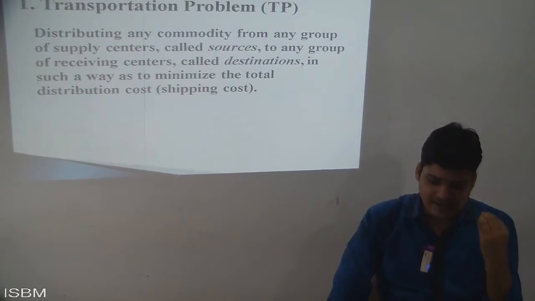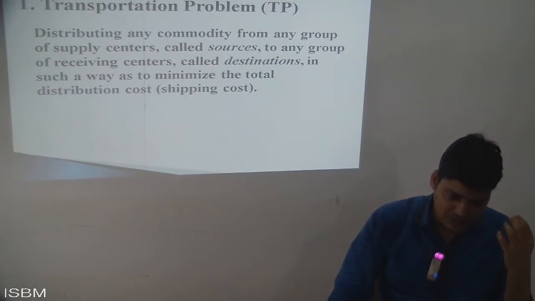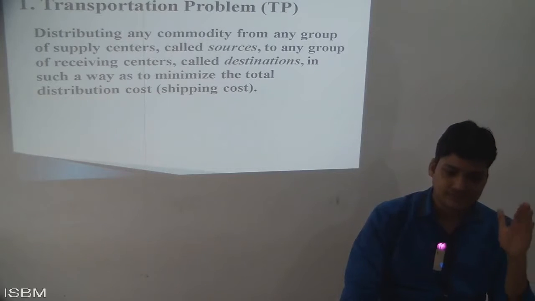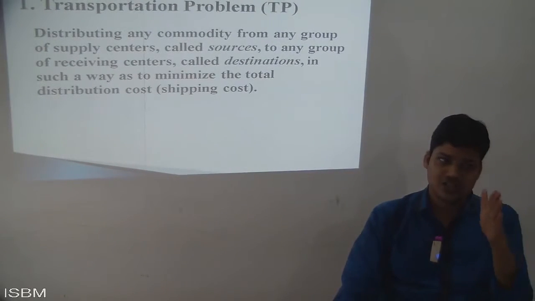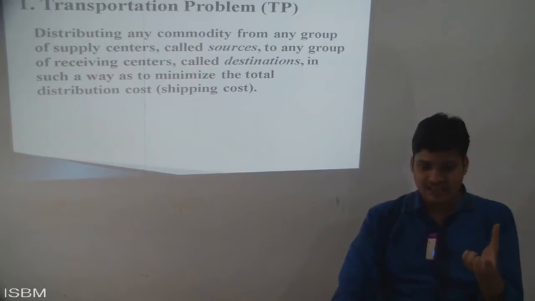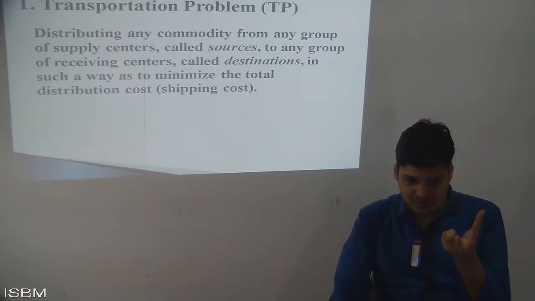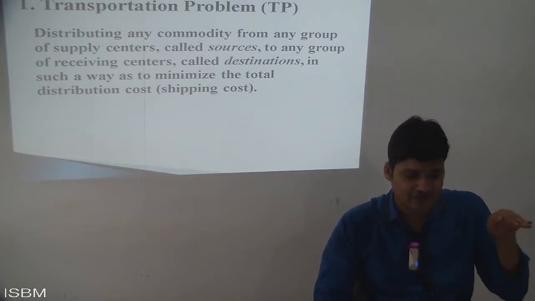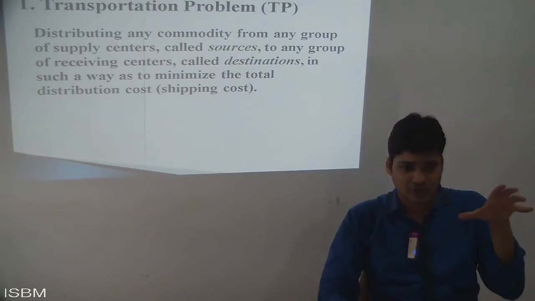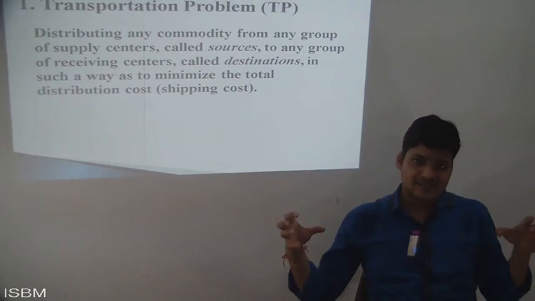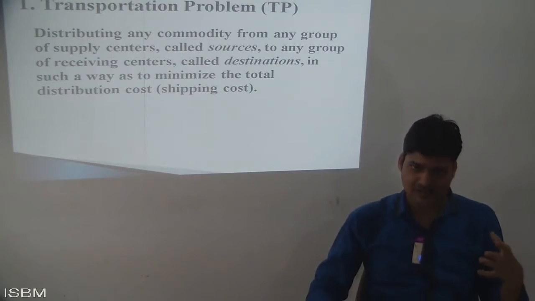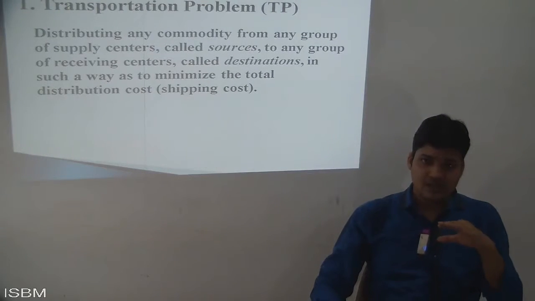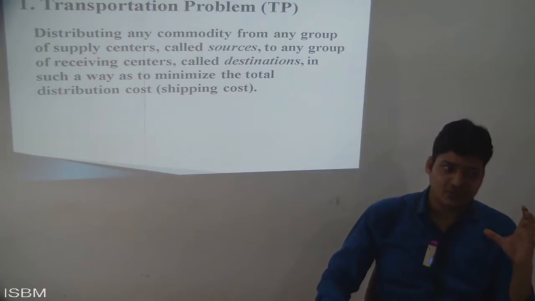The main criterion for using transportation is that we have to minimize the cost, the distribution cost or shipping cost. Shipping cost is the term I can use. That shipping cost we have to minimize while sending goods or commodity from one place to another place. There will be some charges for sending the commodity from one place to another.